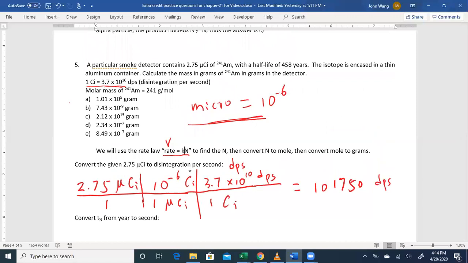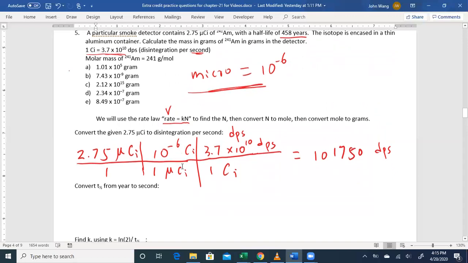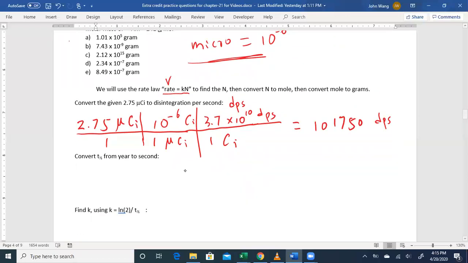This given half-life is in years. Here, DPS is disintegrations per second. Therefore, one easy way to solve the problem is to convert that half-life from years to seconds. So we write 458 years over 1.